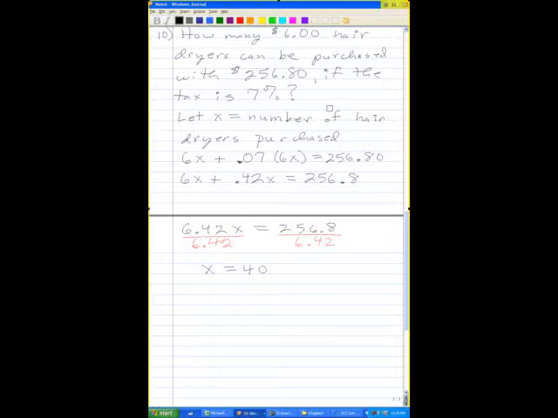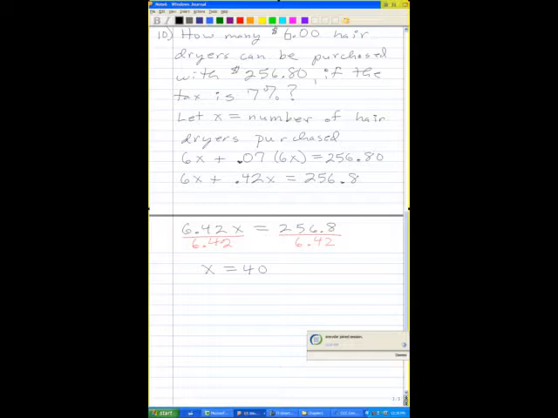So I purchased 40 hair dryers at $6 each. 40 times $6 is $240, but I have a 7% sales tax.